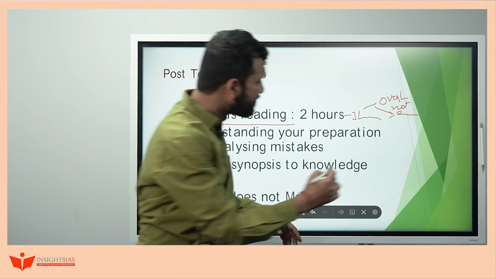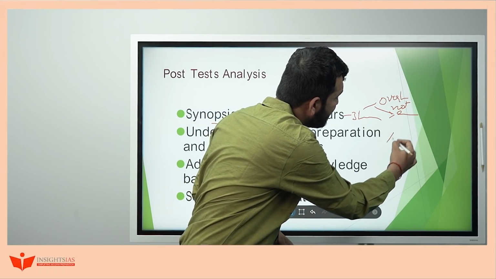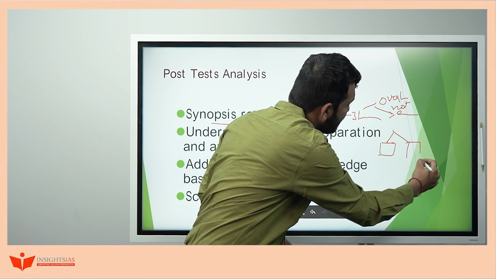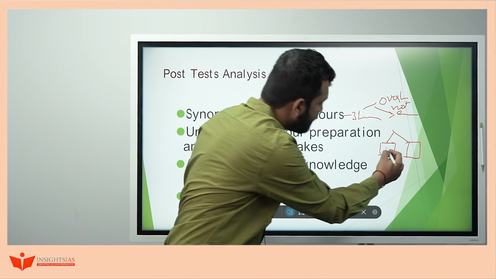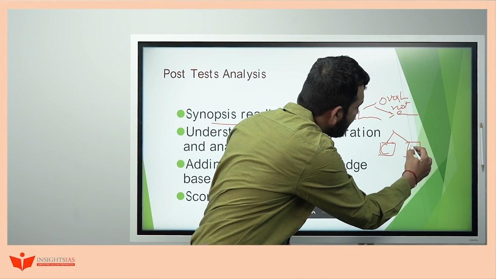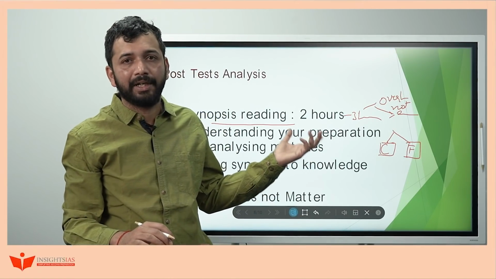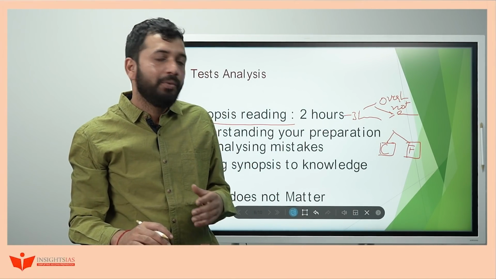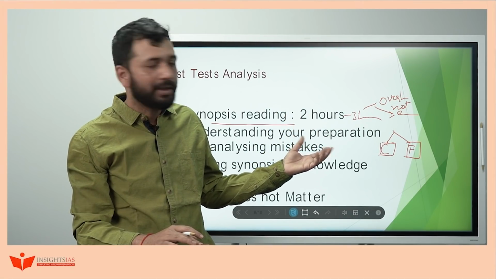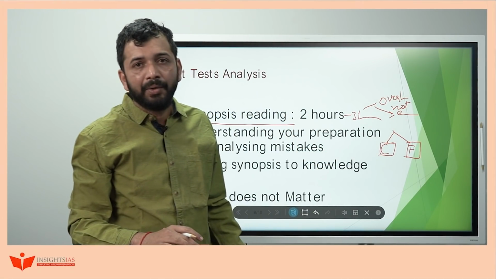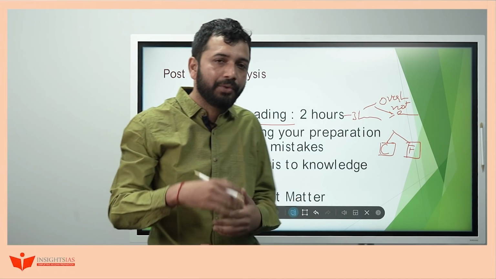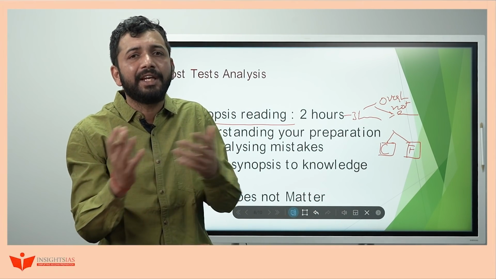Second, whenever you are analyzing your paper, try to understand that there can be a conceptual error or a factual error. If I ask which of the following will lead to inflation, that is more conceptual. However, if I ask which country India is exporting to, or from which country we are getting the highest FDI, that is factual.